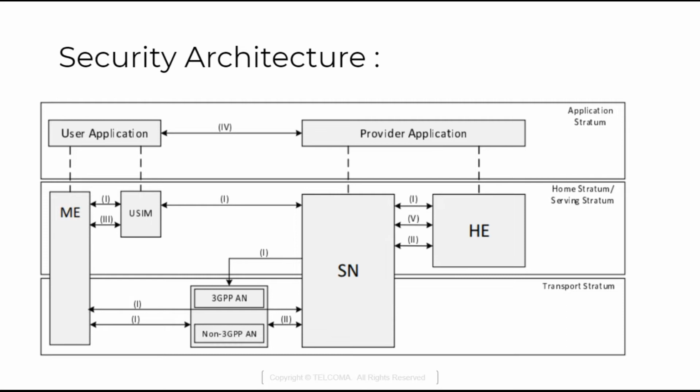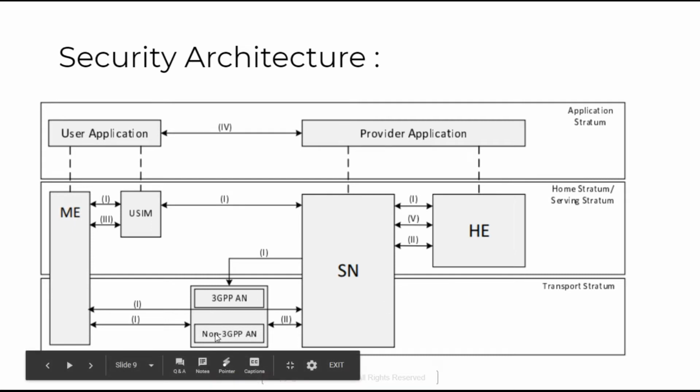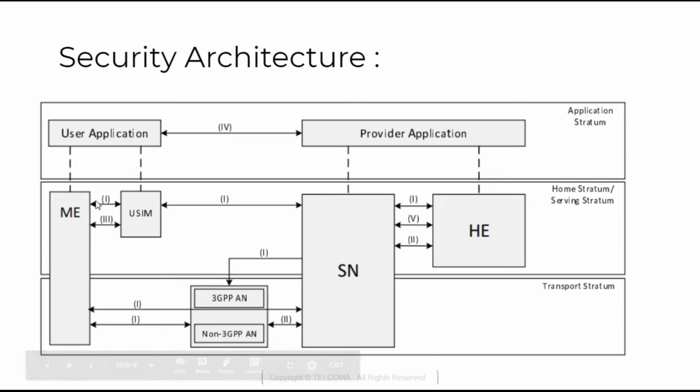In addition, it includes the security context delivery from SN to access network for the access security. So AN is an access network of 3GPP and non-3GPP access network. We have ME and USIM, mobile equipment and USIM. This is the user application. This is the provider application, home environment.